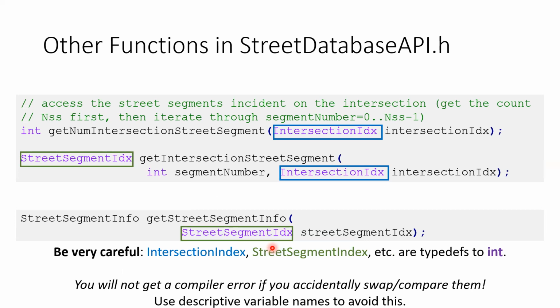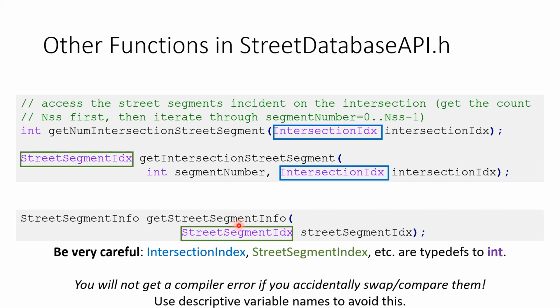And one thing to watch out for is that the intersection index, street segment index, or any index that you will be seeing are mostly typed as integers. So they are just integers, but with a different name. So if you accidentally use a street segment index to access an intersection, your compiler will not error out.